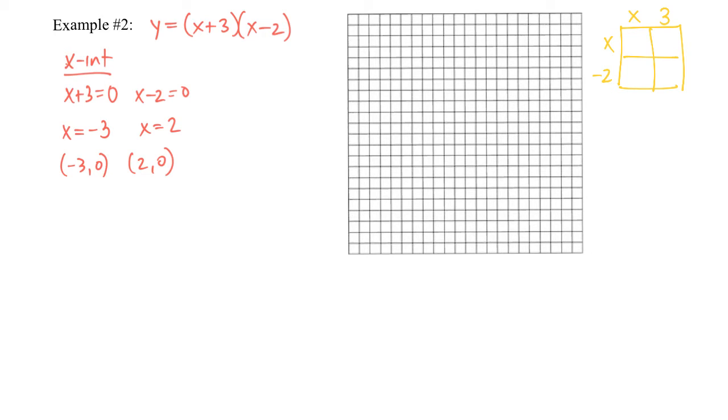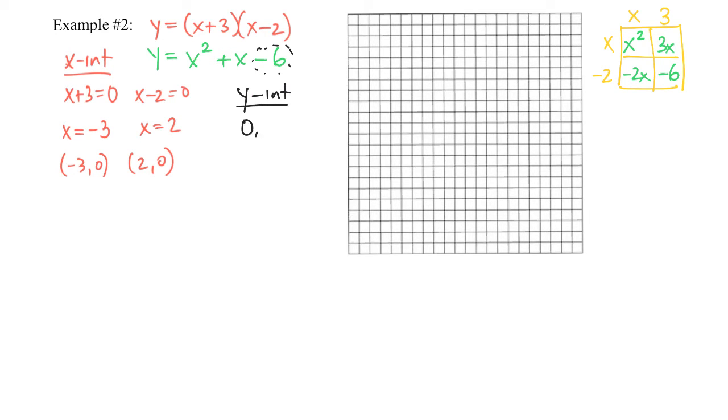That's going to give me x squared, 3x, -2x, and -6 using a Punnett square. So that means that if I want to put this in more of a standard form, I get y equals x squared plus 1x minus 6. Okay, so now that I've done that, you can see that my y-intercept is -6.